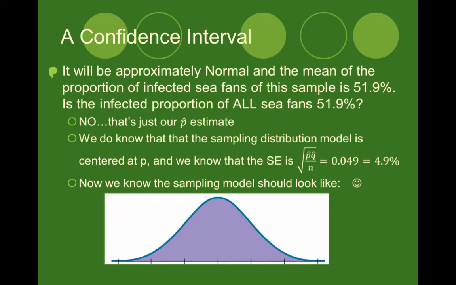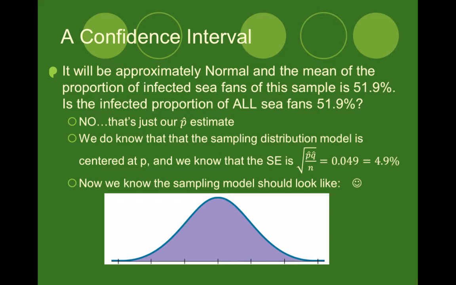Does that mean that the infected proportion of all CFANs is 51.9%? No, absolutely not. Again, that's just our sample estimate, so that's just P hat. That doesn't tell us that 51.9% of every single CFAN out there is infected. We just know from our sample that's what we got.